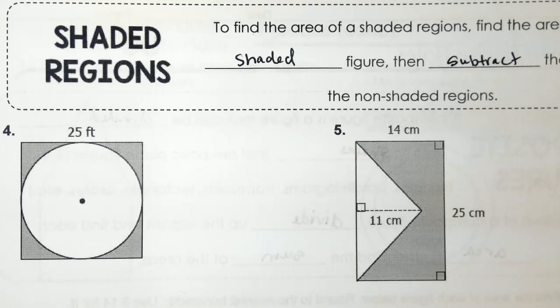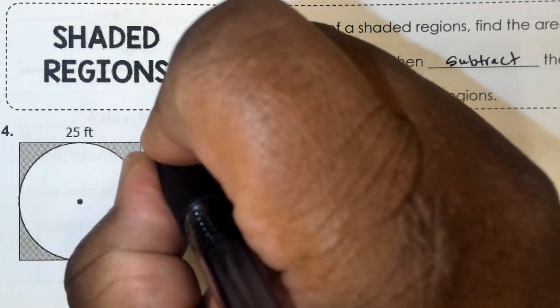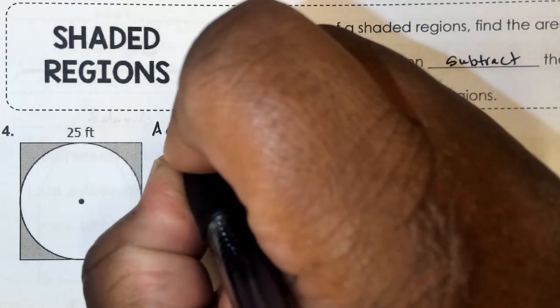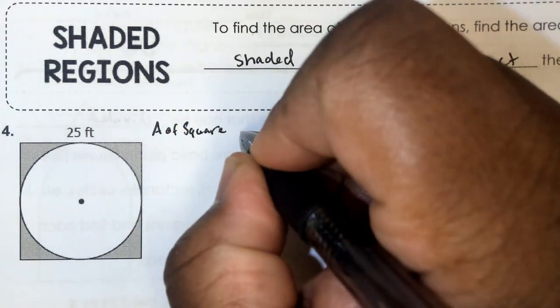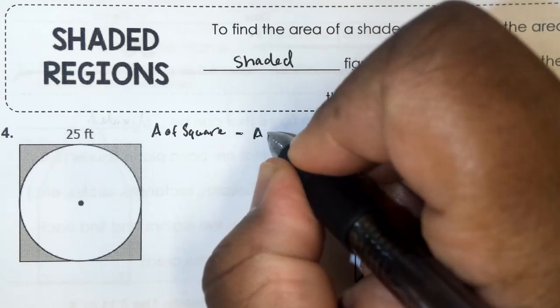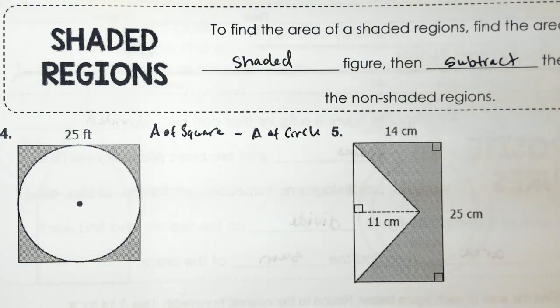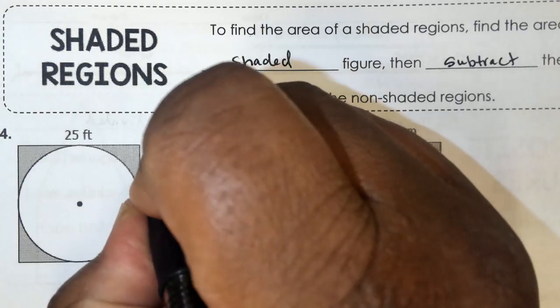It's pretty straightforward. Matter of fact, let's bother Aiden. Aiden, on number 4, what 2 shapes do you see? What's the bigger shape? A square. So we're doing area of a square minus, what's inside the square? A circle, area of a circle. We're going to do that. So let's do it. How do we find area of a square, Aiden? What's the formula?